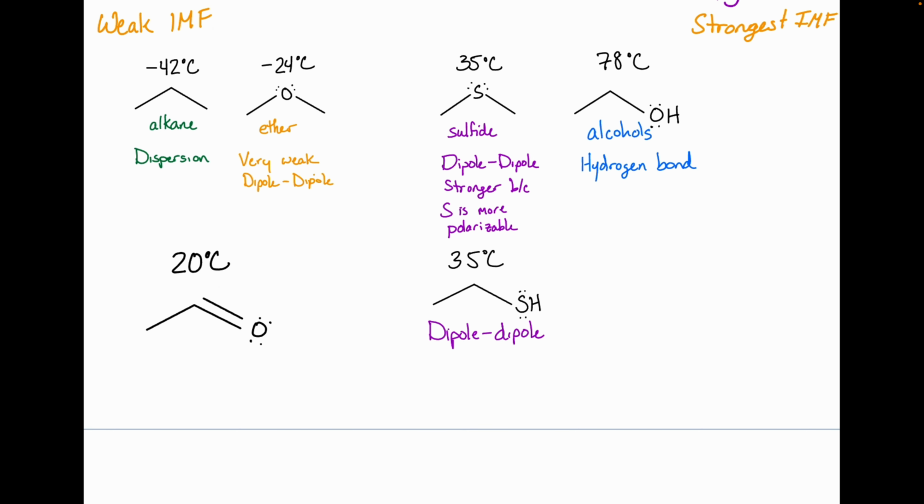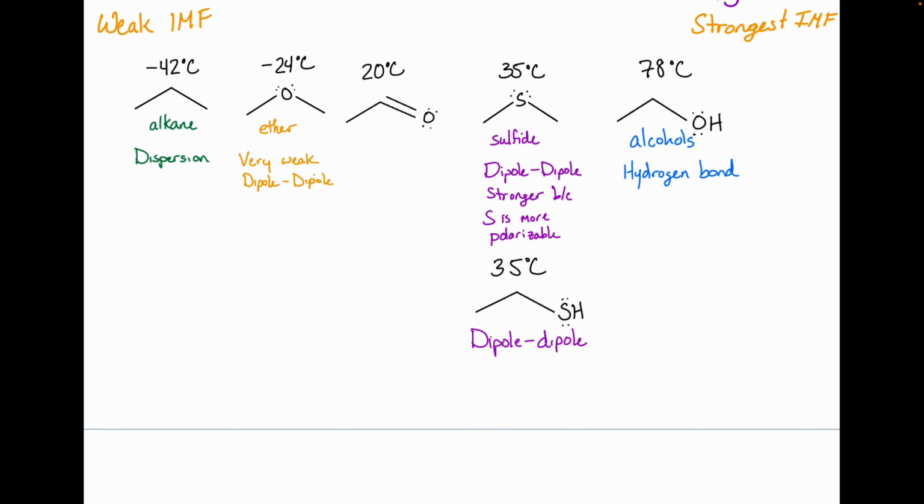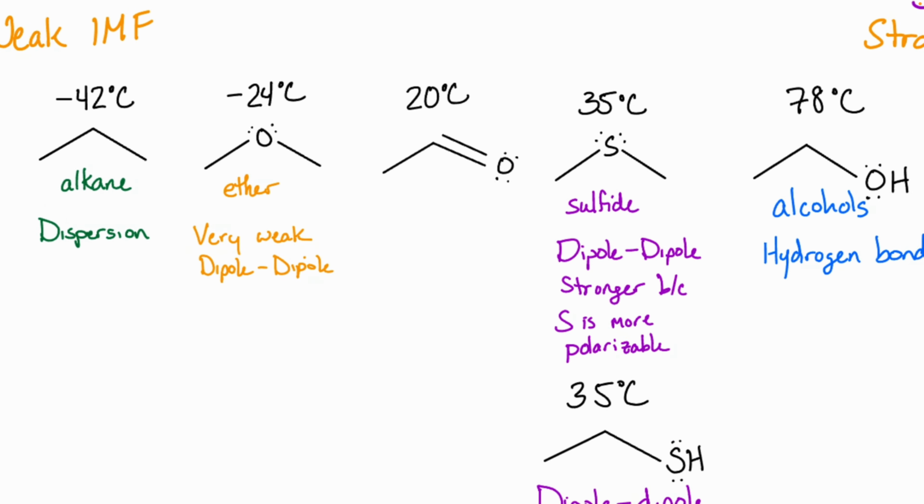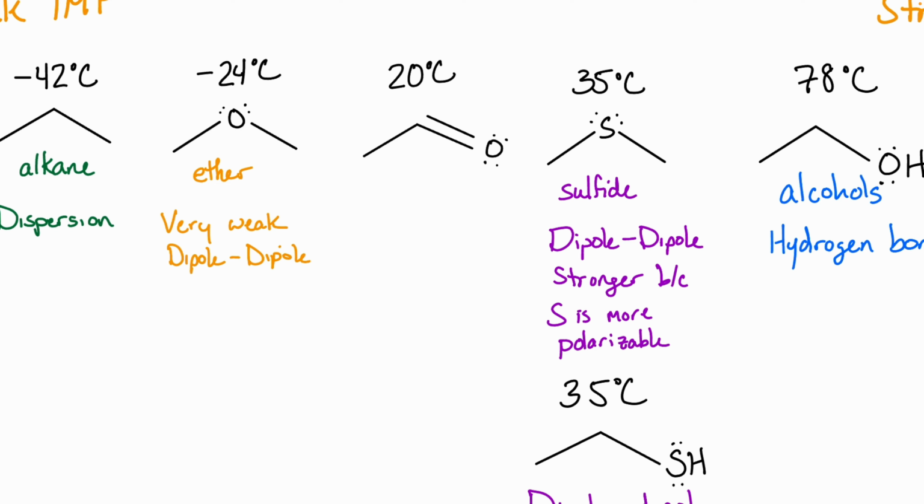So not quite as strong as that much larger polarizable sulfur atom, but compared to our ether it has a much larger dipole-dipole interaction. Whereas ethers, we said, have a very weak dipole-dipole interaction. We're going to make note that our aldehydes and ketones, our carbonyls, have a strong dipole-dipole interaction.